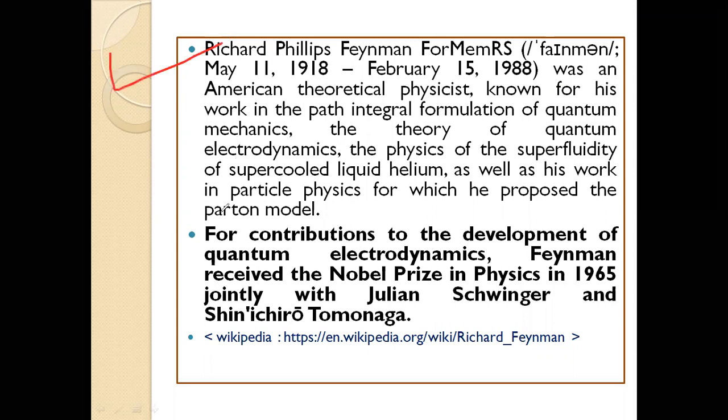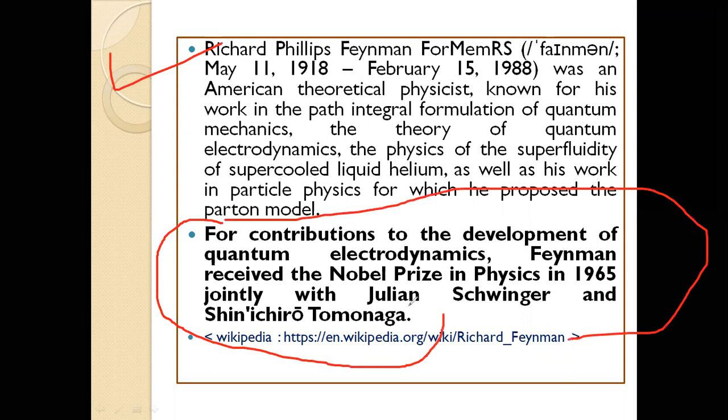But you have to know him because of this contribution by him in bold. For his contribution to the development of quantum electrodynamics, Feynman received the Nobel Prize in Physics in 1965 jointly with Julian Schwinger and Tomonaga. Okay, so this is why we know him.